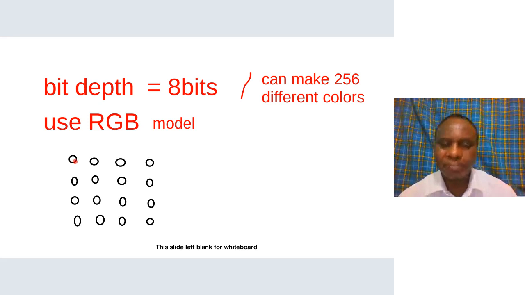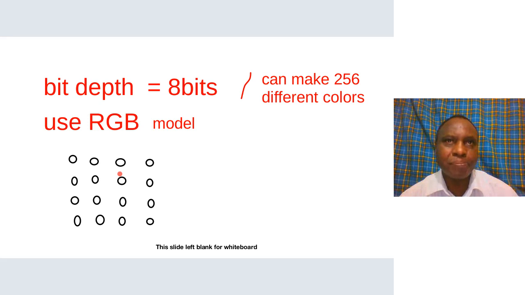The color that it will show depends on the dominance of that color. Suppose we want to show red. First of all, that is going to depend on the coding, what we are calling the bit depth.